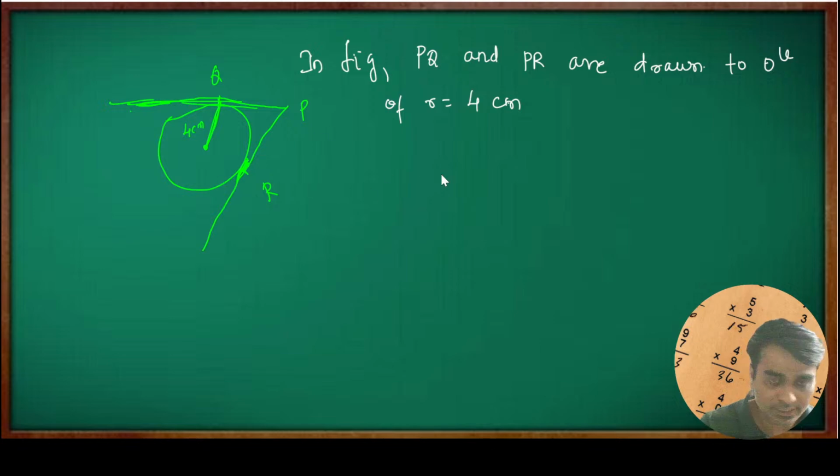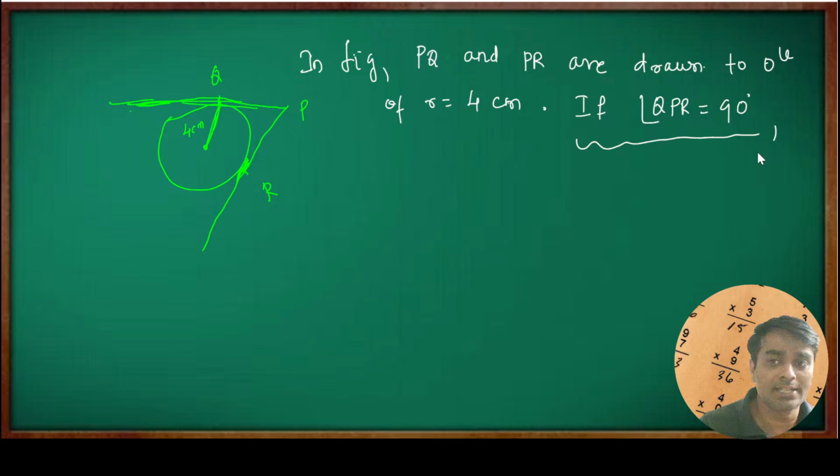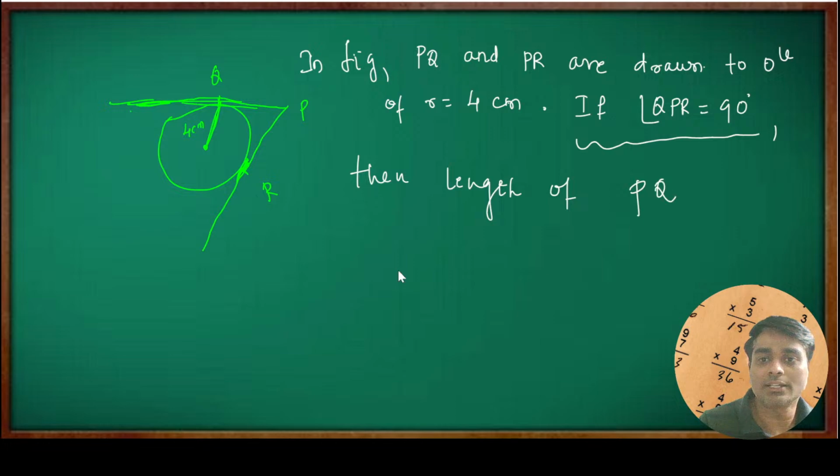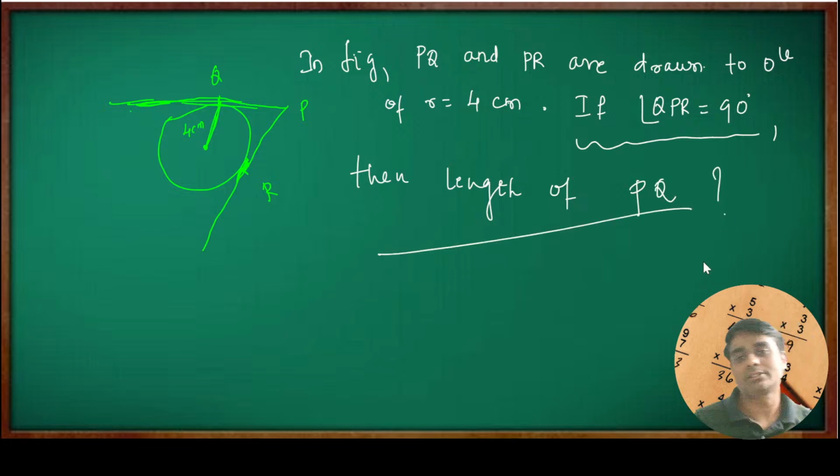There are two tangents and a circle is there. Question comes now. If angle QPR is 90, then they are not asking you the other angle, they are asking you the length of PQ. So length of PQ is the question.